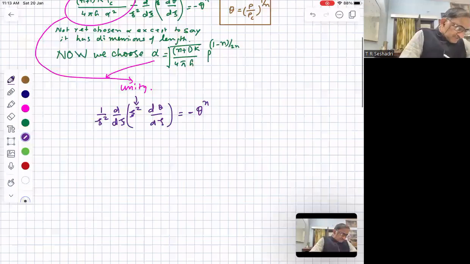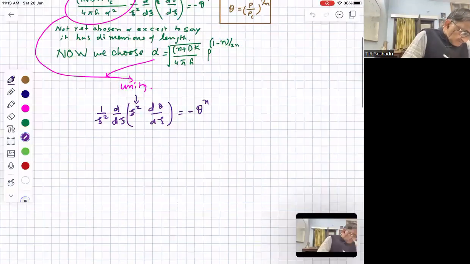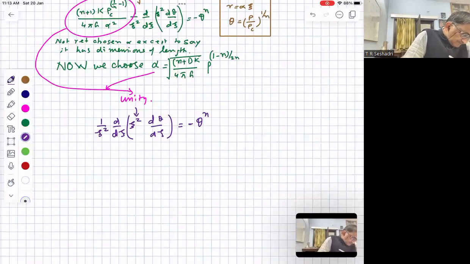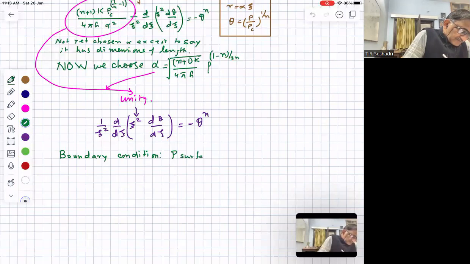The boundary condition is that P on the surface is equal to 0.